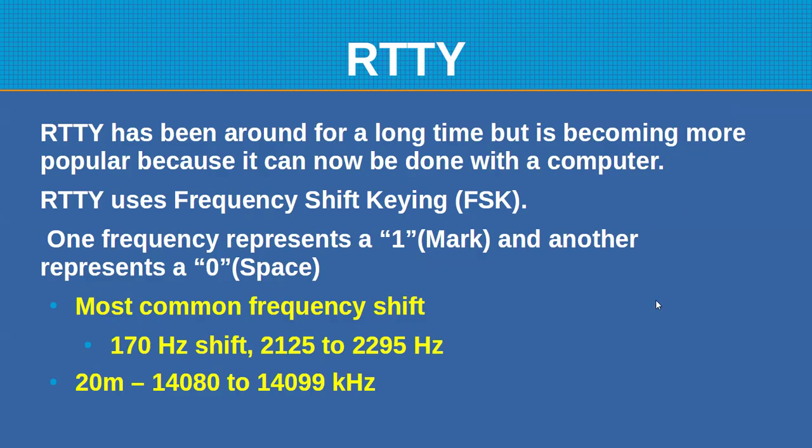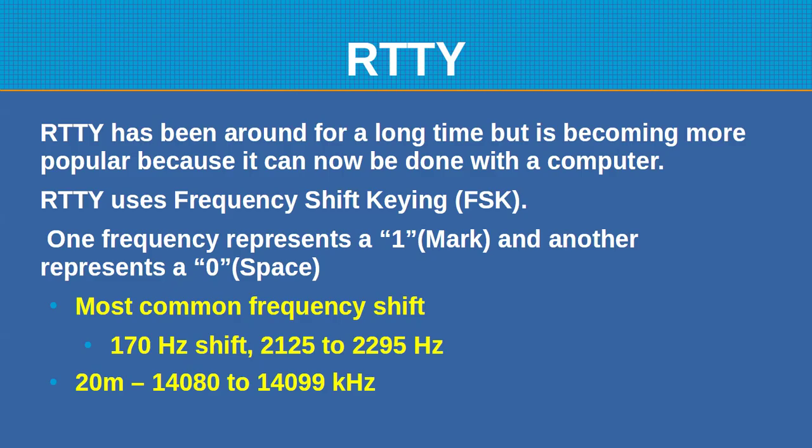We talked about RTTY being different in that it uses frequency shift keying, where you're actually shifting the frequency digitally because you're sending ones and zeros. This is a digital mode. And they call sending a 1 a mark and sending a 0 a space.